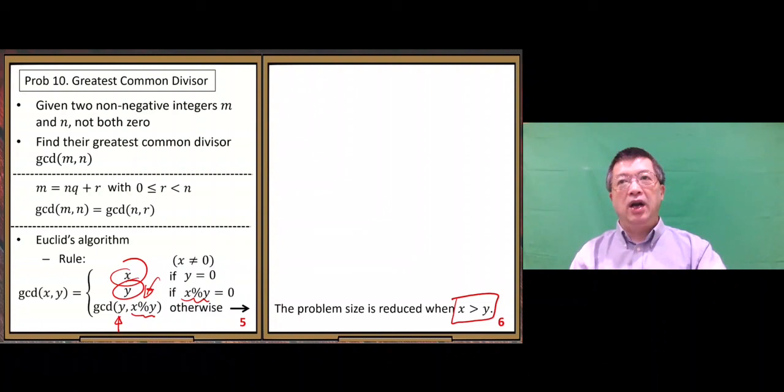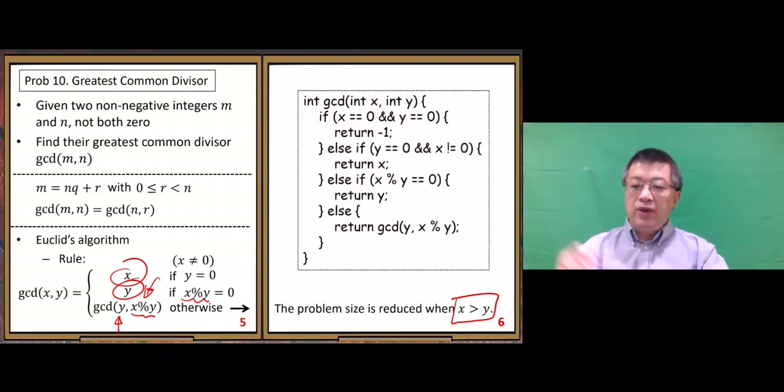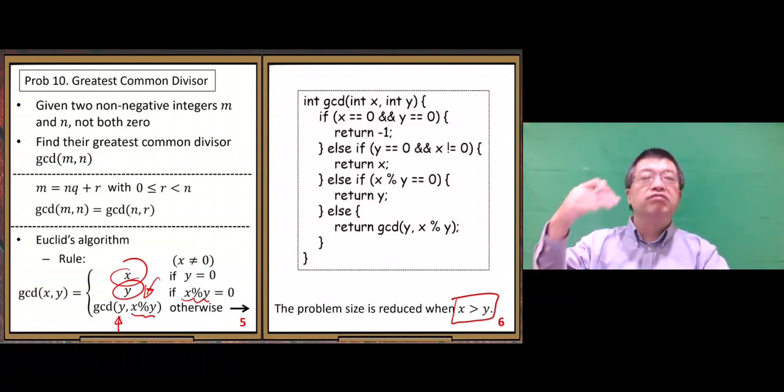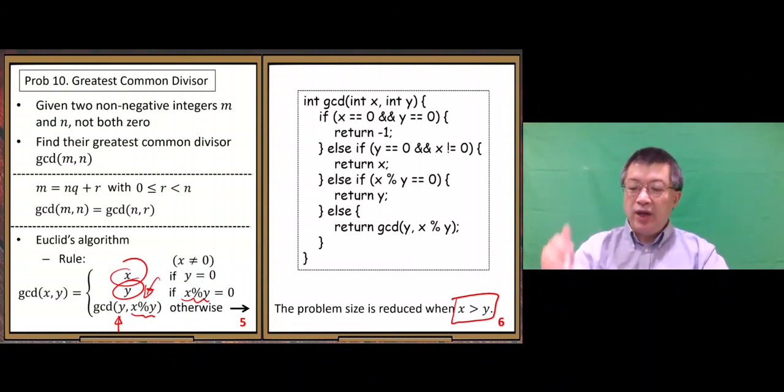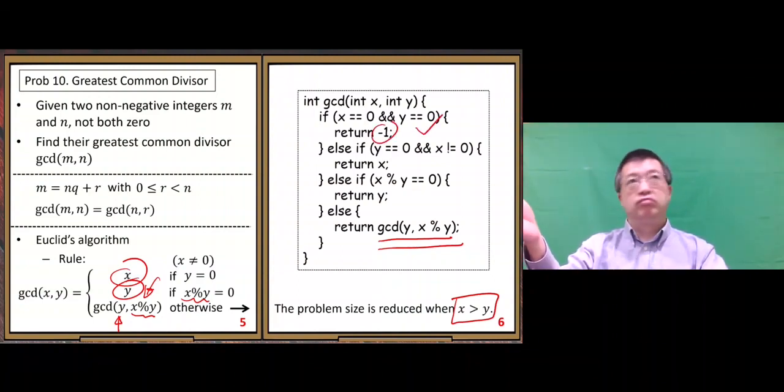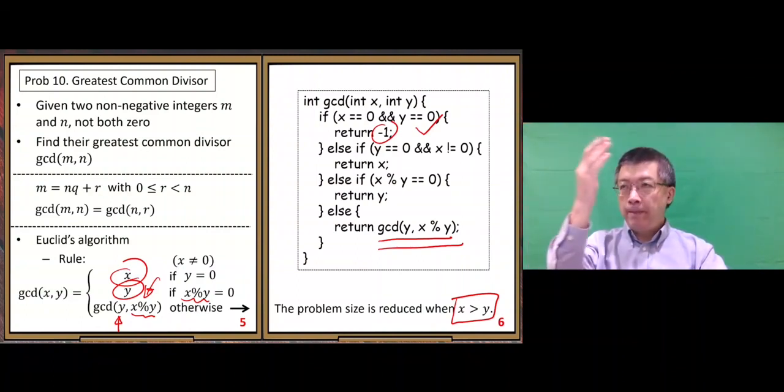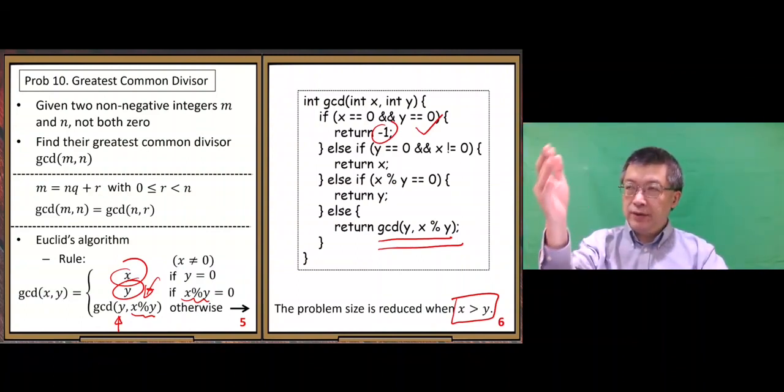All right, so at the end, we can write our function in this recursive way. Three cases: both 0 will return -1 because there is no valid number for the given data.